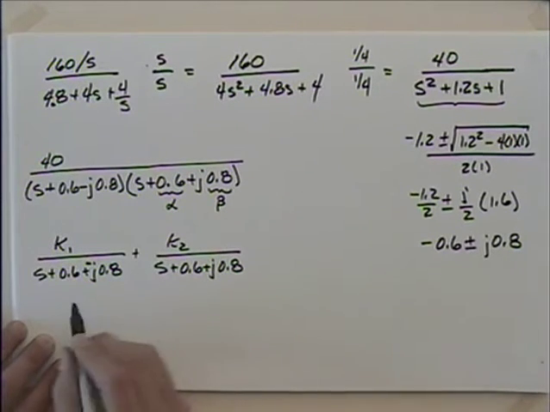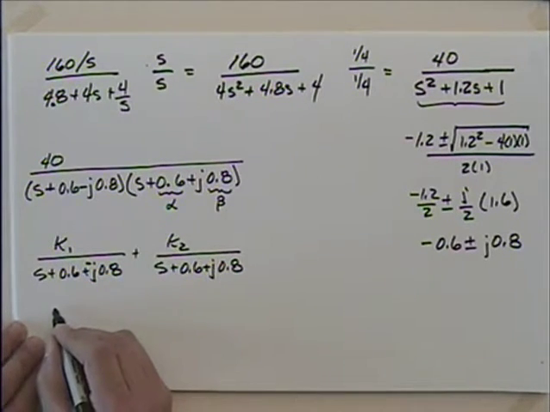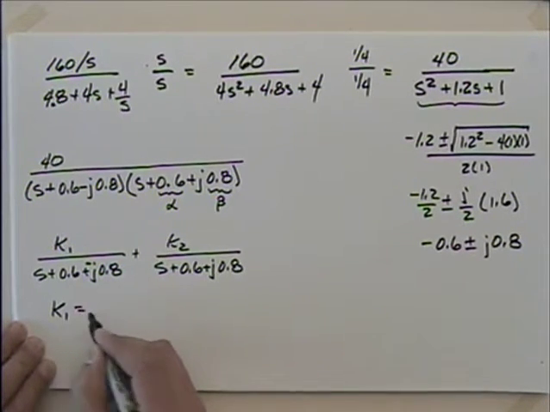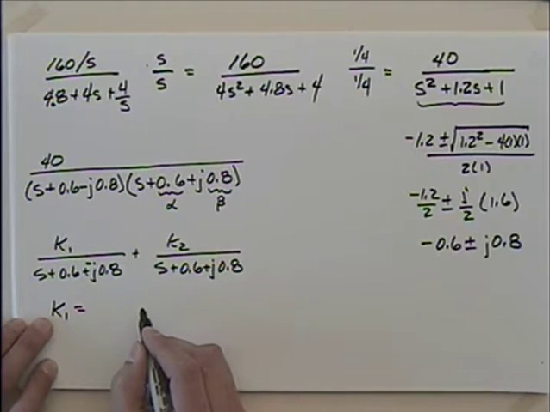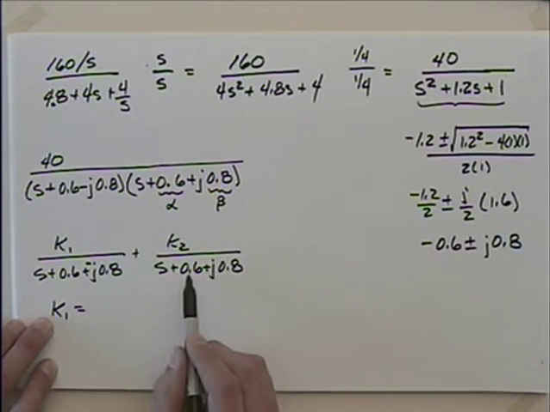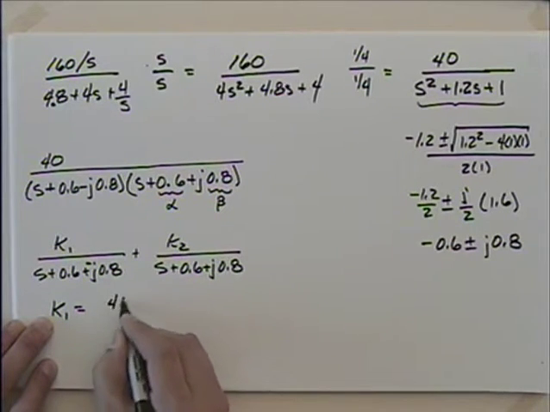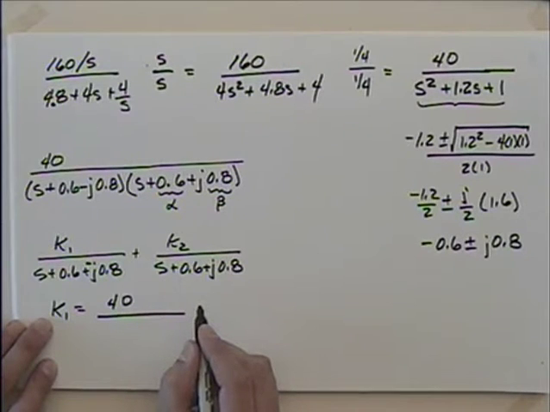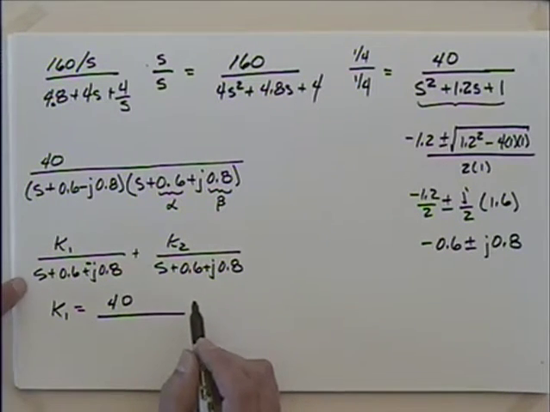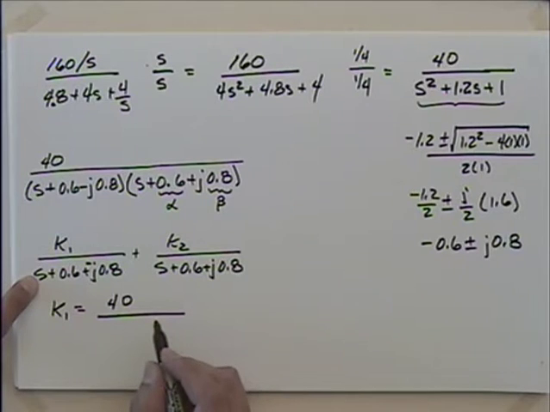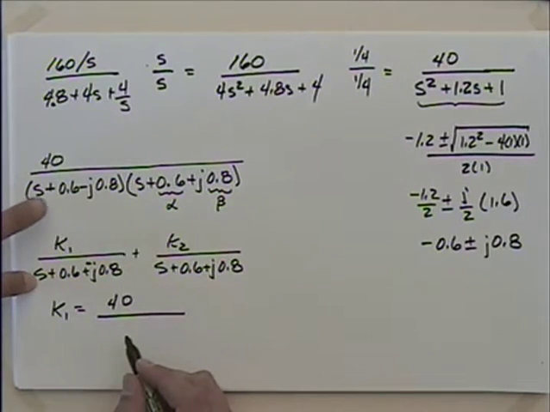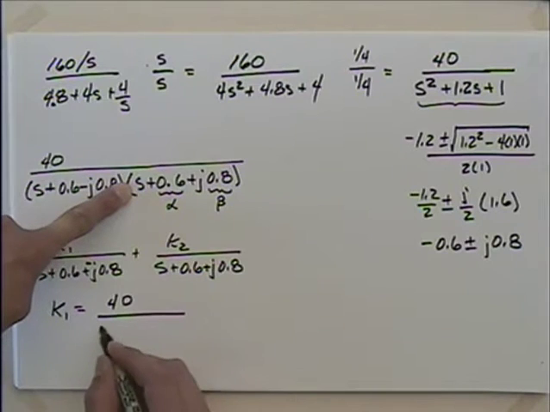So anyway, when I go through and I find K, for instance, K1 is going to be what? If I multiply both sides by this, so I'm going to have 40 divided by, I'm going to have the other one, so I'll have the positive one. Yep, that's what I want.